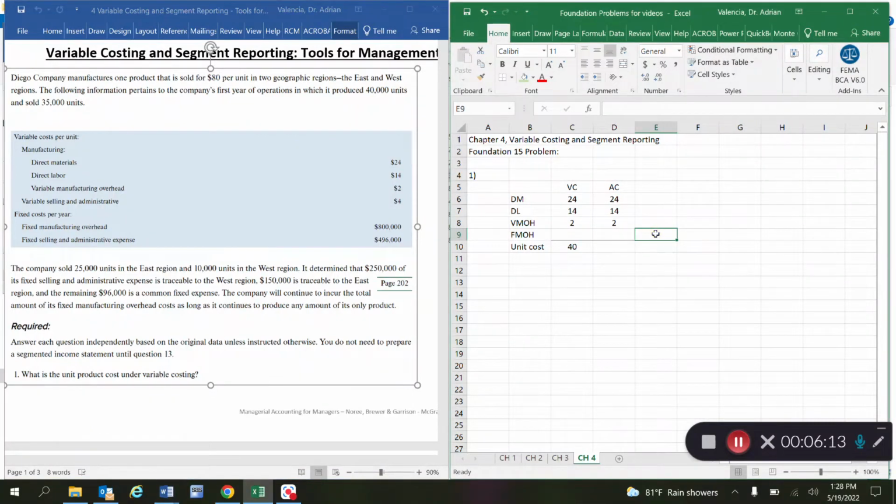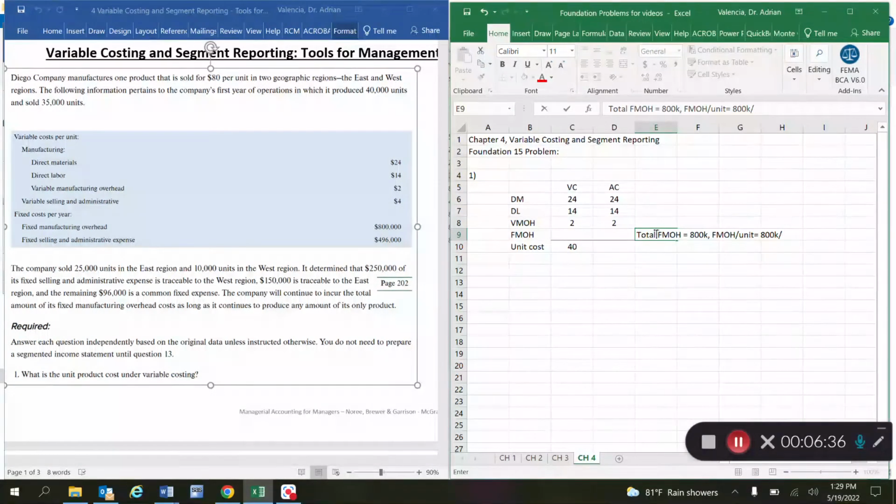So on a per unit basis, fixed manufacturing overhead per unit would be 800,000 divided by the number of units produced. Be very careful, units produced.